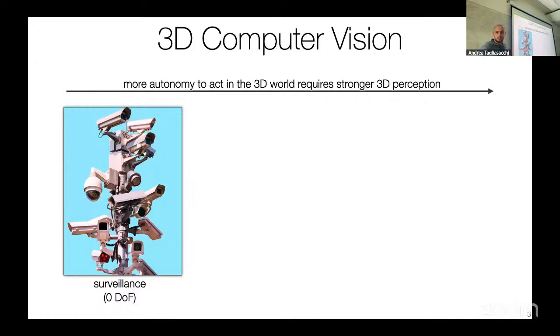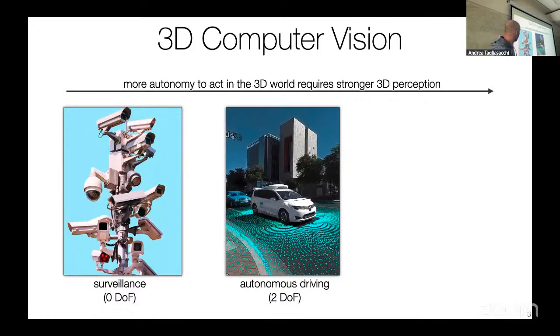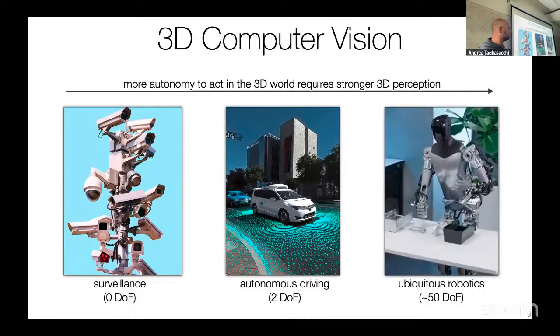Then in the early 2010s, the vibe of having autonomous systems like autonomous driving, where you have 2 degrees of freedom in the world, started to take traction. And there we wanted to understand the 3D world much better, because we want to avoid our vehicle hitting something else. My take in general is that 3D computer vision will be essential because as we move toward higher degree of freedom systems, we need a very dense perception of what we're actually looking at. So that's why I do what I do.